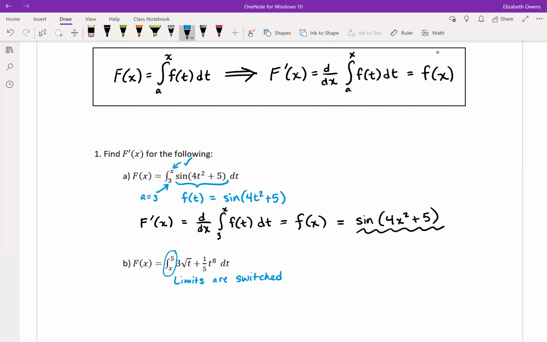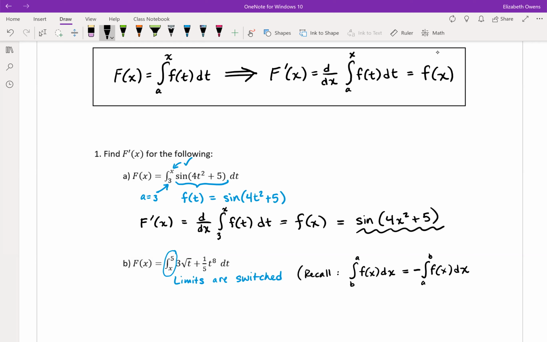Okay, but if you'll recall back to section, I believe 5.3, properties of the definite integral, we got something for this. So recall, if you want to switch your limits of integration, like let's say they were going from b to a, of some function, if you wanted to switch those around and go from a to b, do you remember what we need to do?